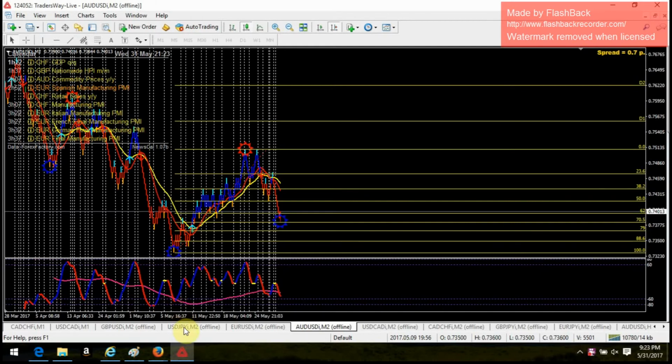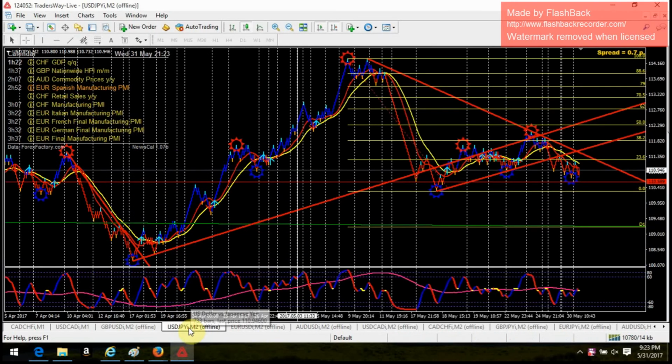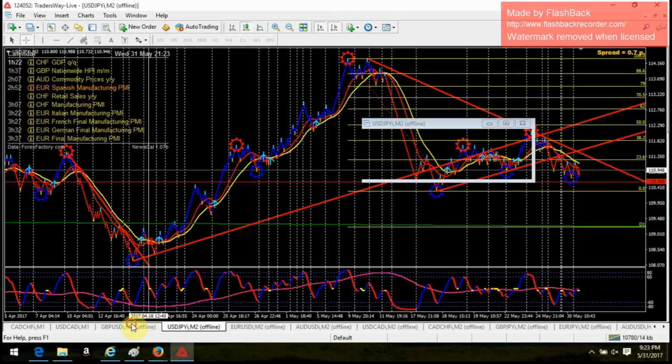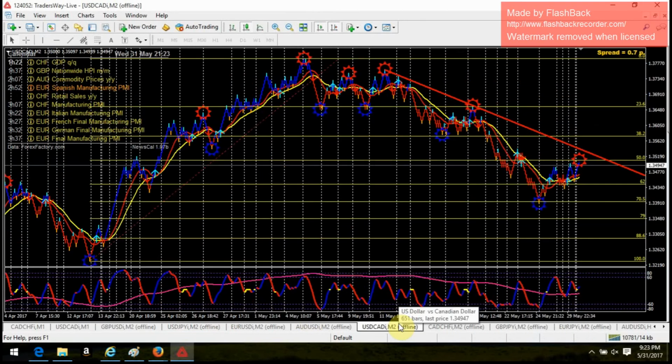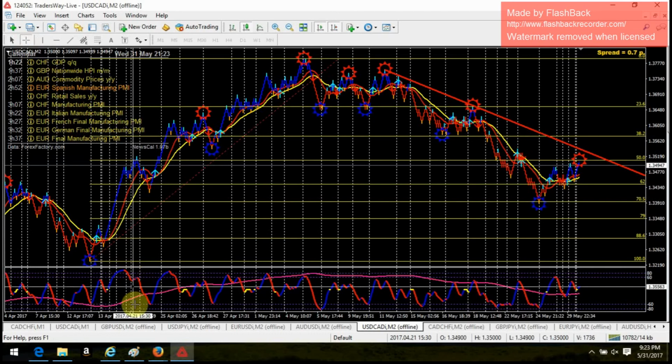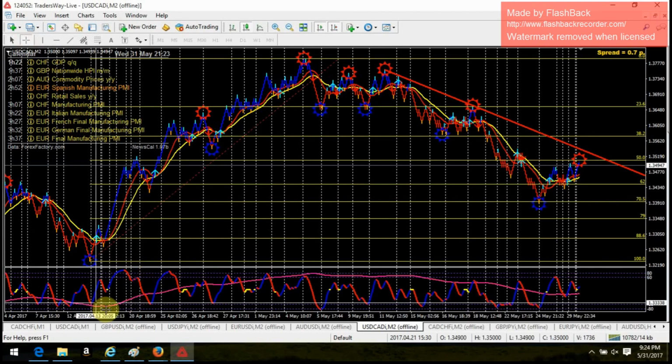So what we're going to show you right here, let's go to a good pair. Alright, so here's UCAD, US Canadian dollar. As you can see, the Magenta has gone into the zone, and when it goes into the zone, that means it's a buy area.